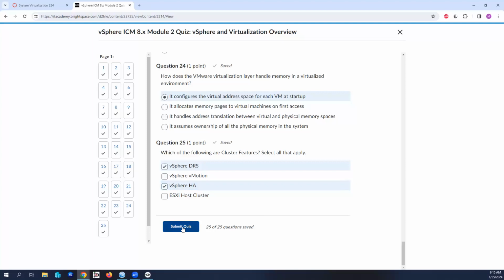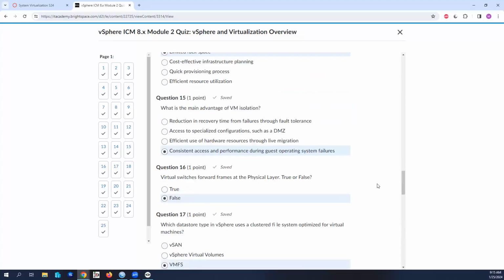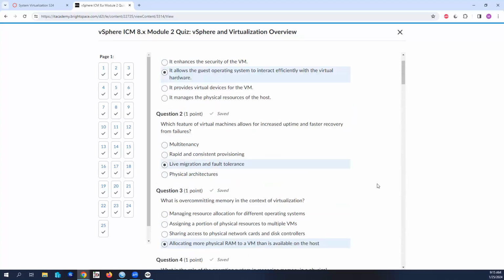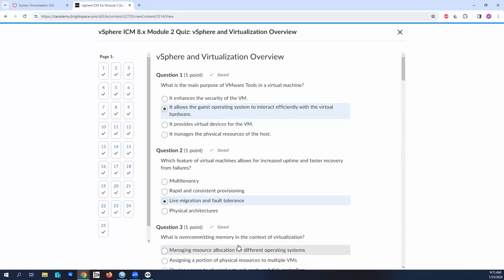You're at the first question. First few up here. So VMware Tools allowed the guest OS to interact with the hardware efficiently.